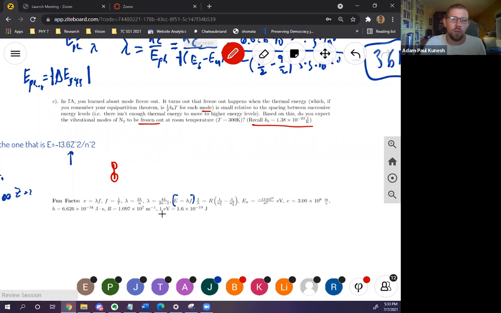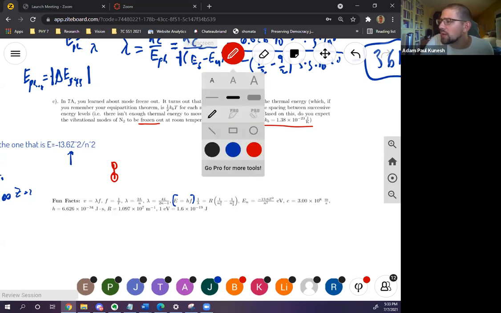Those are unlocked all the time. However, the vibrational mode, like jumping from the n equals 0 of vibration to n equals 1. n equals 0 would just be stationary, not moving. n equals 1 would be jiggling around a bunch. That corresponds to a quantum jump in energy. It's like a quantum harmonic oscillator, a quantum spring, these 2 atoms connected by a spring.